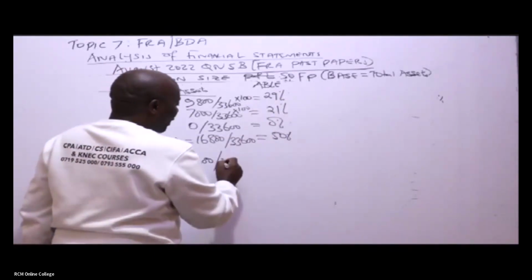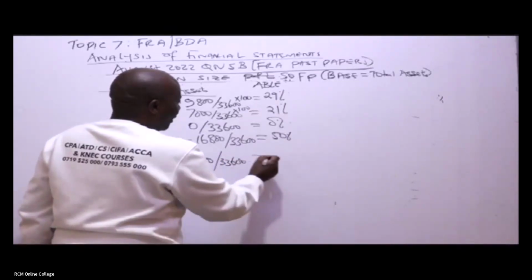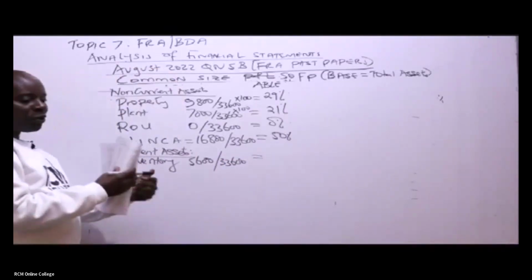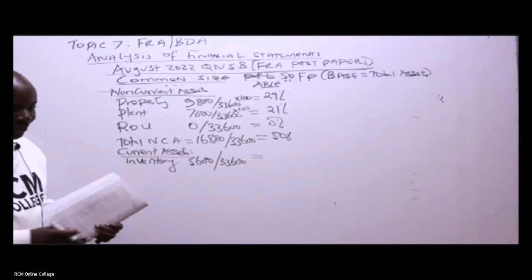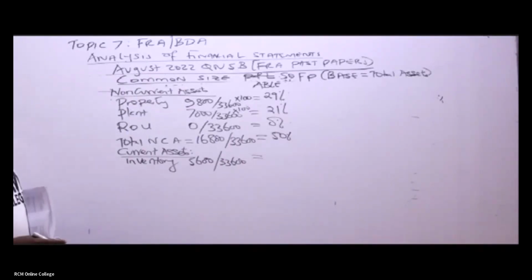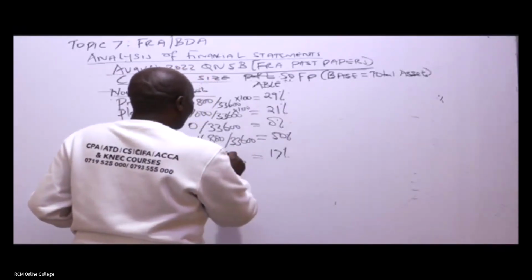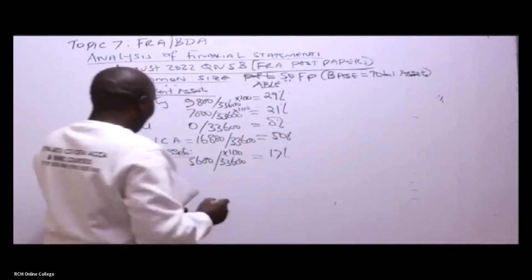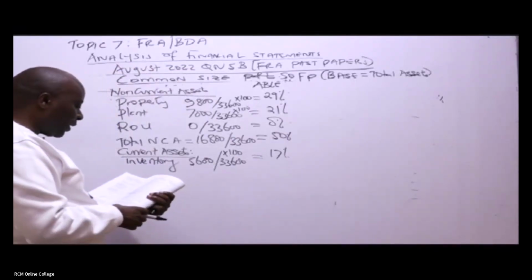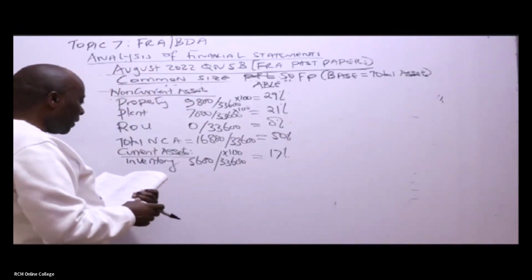Our base is total assets at 33,600. Give me an answer. Times 100, of course. 17%, 17%.